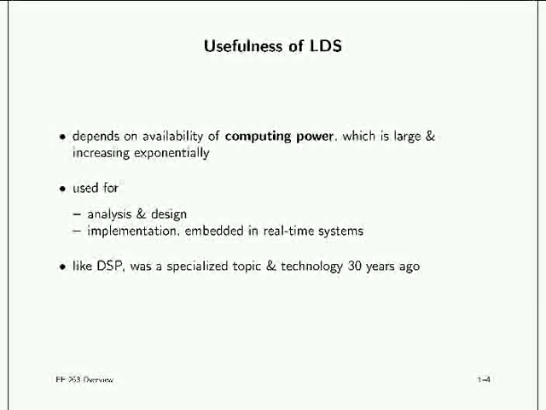Now, you can use this computing power for analysis and design. That's clearly been done. But more and more it's used in implementation, embedded in real-time systems. So more and more you find the control laws that run in things are quite sophisticated, involving more than some very simple calculations. They can actually be running full linear dynamical systems.